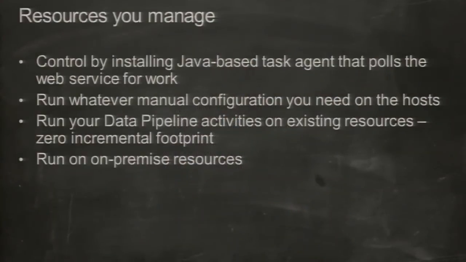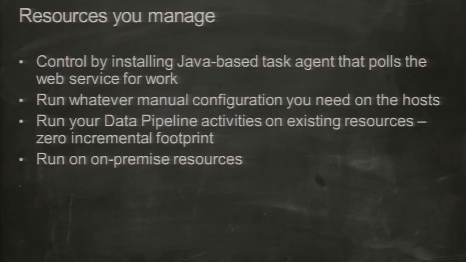On the other hand, there are plenty of jobs that either take some manual configuration or that are running on on-premise resources, and we support those too. So this is where resources that you manage come in. To manage these, we're distributing a Java-based task agent, and it's a really small little jar. You install this on a compute resource you control, and it sits there polling our APIs for work.